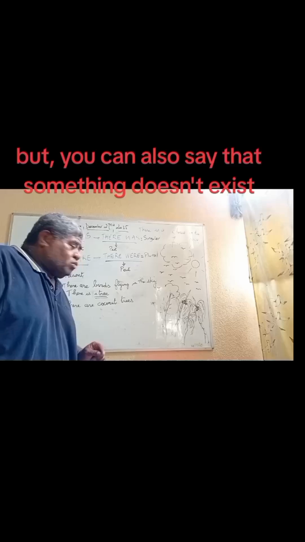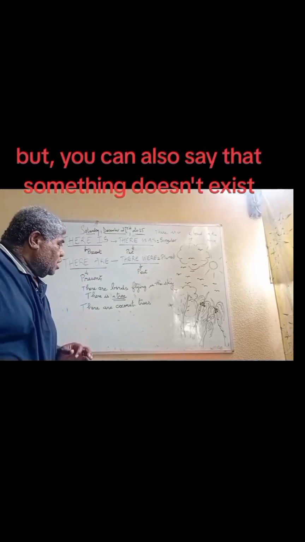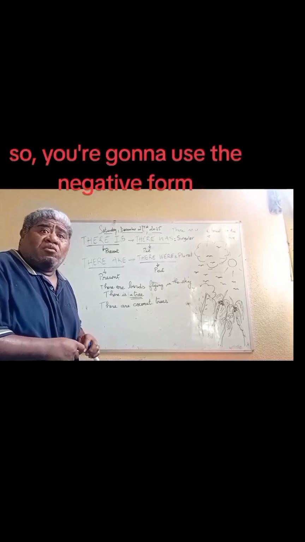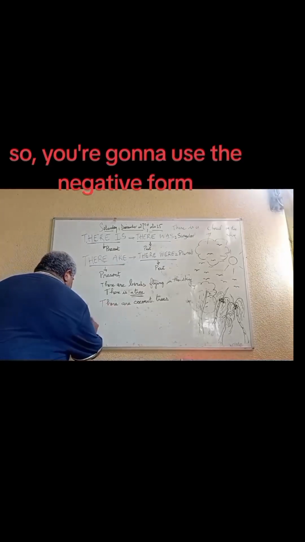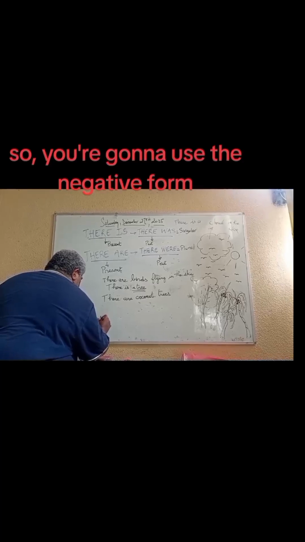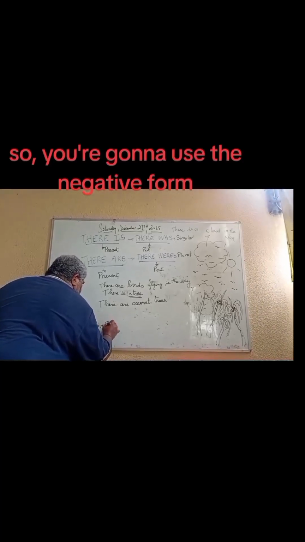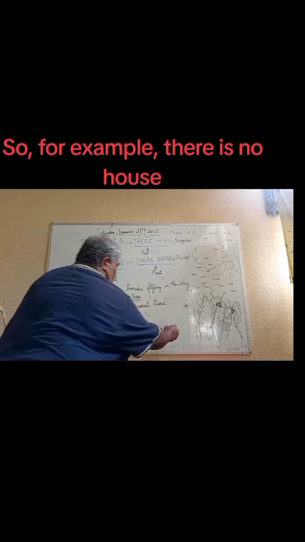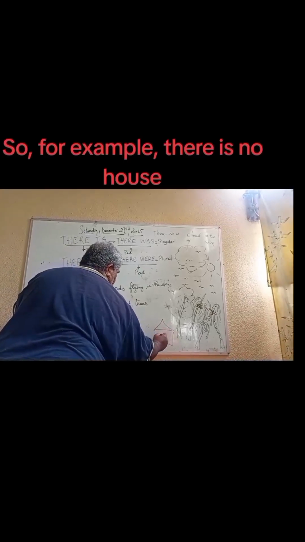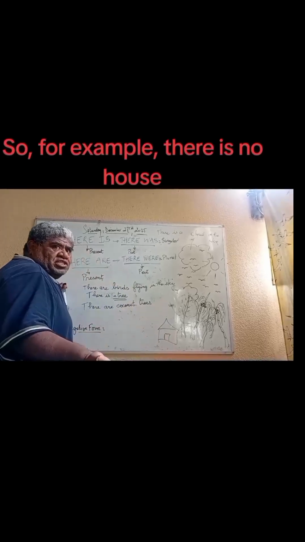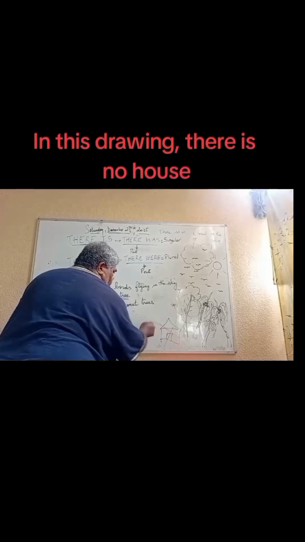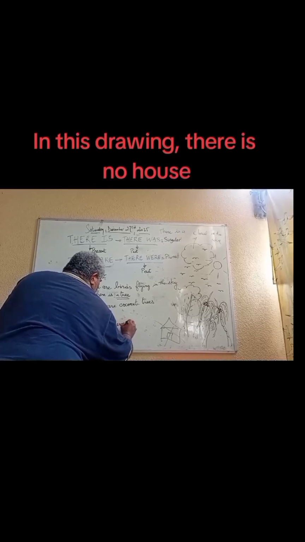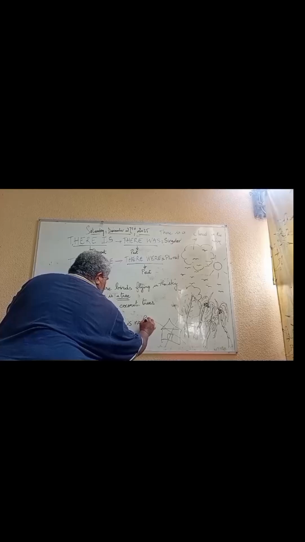But you can also say that something doesn't exist. So you're going to use the negative forms. For example, there is no house. In this drawing, there is no house.